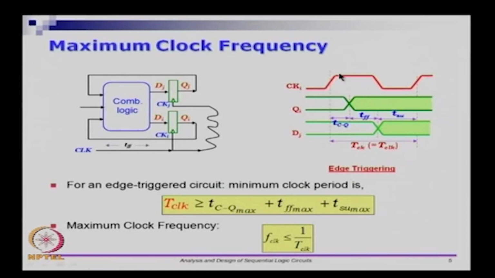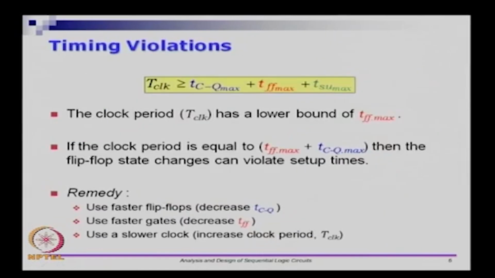As soon as this closes, you get C to Q plus flip flop delay, so it will start appearing at DJ now. However, you still have to satisfy the setup constraint of the landing flip flop. So you push it till that. So TCQ plus TFF plus TSU, that is how wide the clock pulse must be. I hope this is clear.